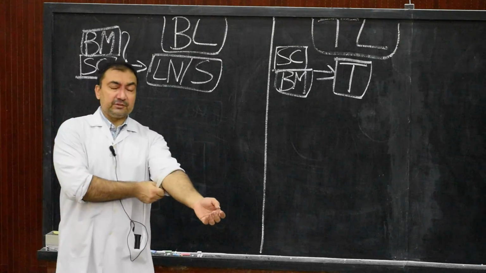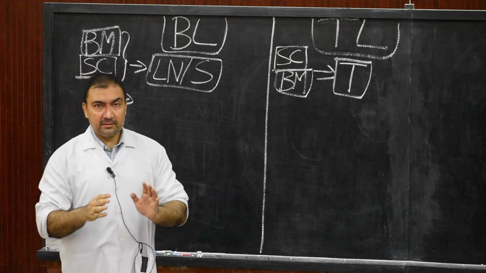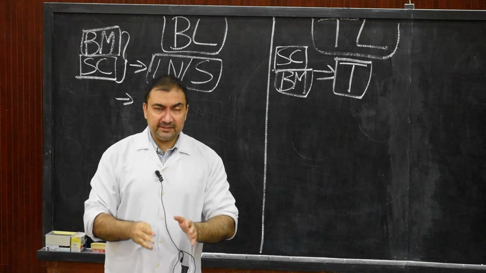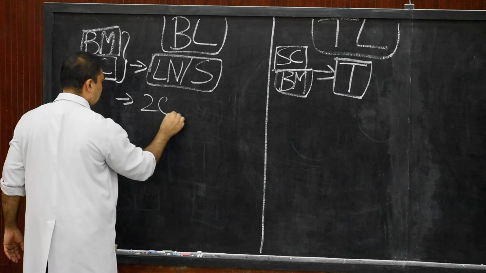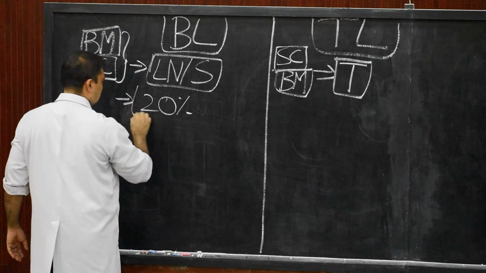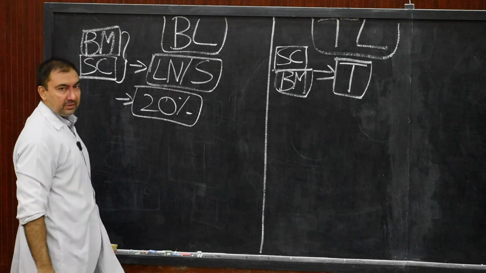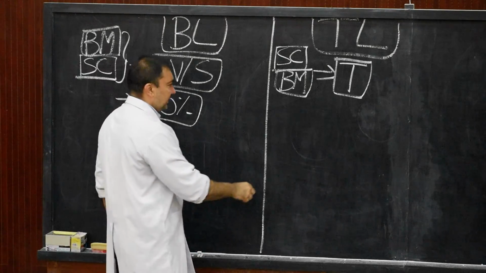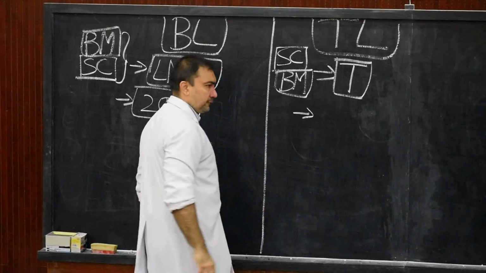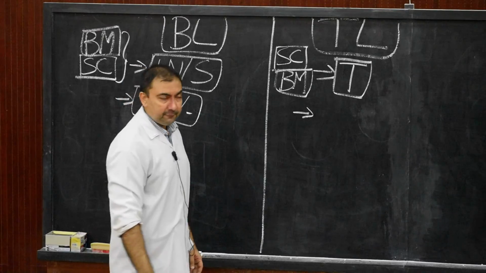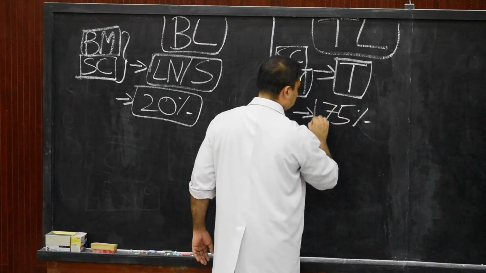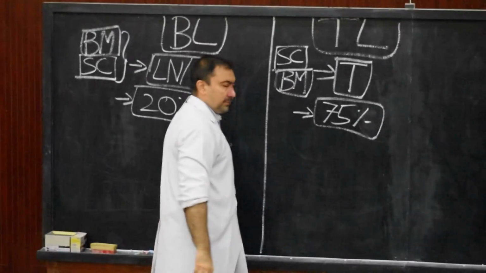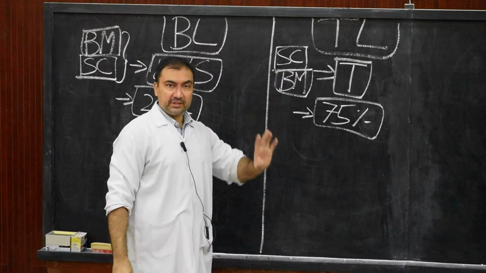circulating lymphocytes. In the blood, out of the total lymphocytes present, around 20% of the circulating cells belong to B lymphocytes. And in the same way, out of all the total lymphocytes in the blood, around 75% of circulating lymphocytes consist of T lymphocytes.